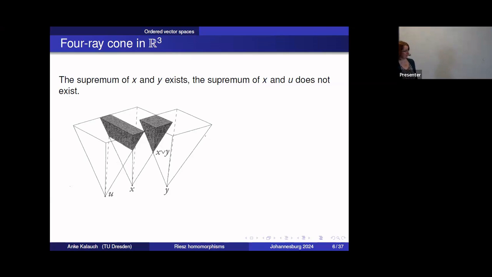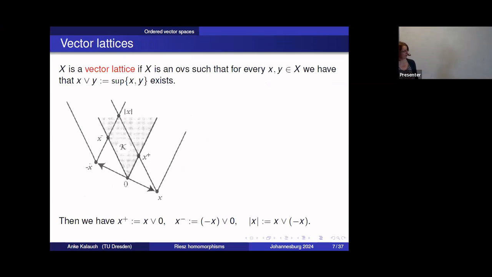Whereas in the other case, when you look at x and u, and look at this set of upper bounds of the two elements, you will not find the smallest one. So here you see this has a natural partial order. You can talk about the sets of upper bounds of elements, but you have elements which don't possess a supremum. So this is a simple geometric example. You will see that the world of lattices and the world of ordered vector spaces are different.